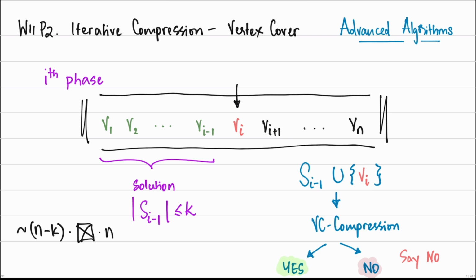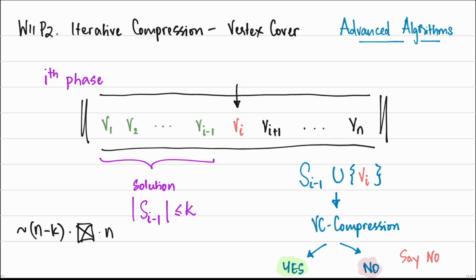You can probably do this more efficiently, but this is just a valid upper bound on the overall running time. Basically, the running time of the compression routine with a polynomial overhead solves the entire vertex cover problem. So that's what we have with iterative compression.